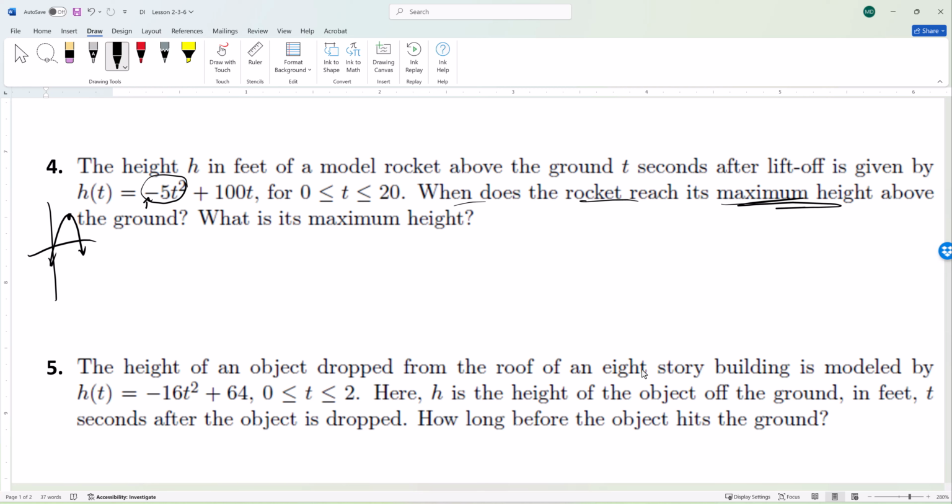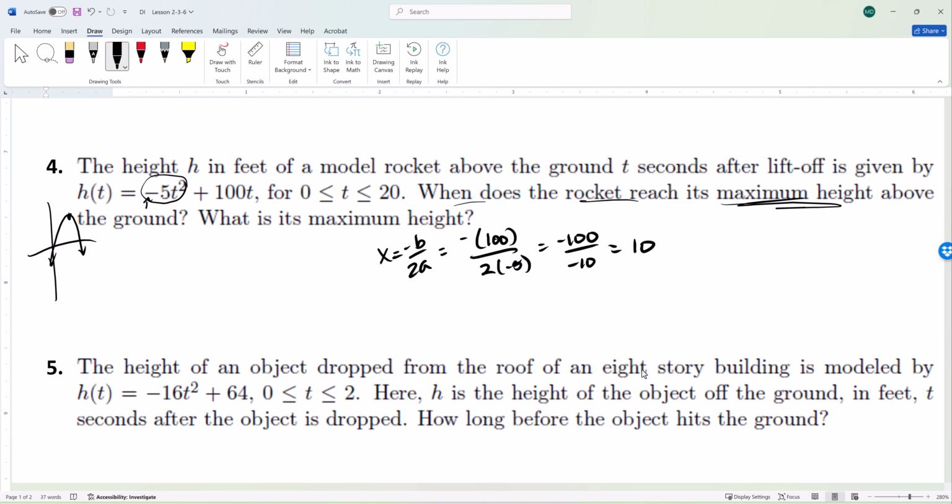Okay, again, maximum height is the vertex. So how do I find the vertex? Negative b over 2a. So that's going to be negative b over 2 times a. So there's my x.